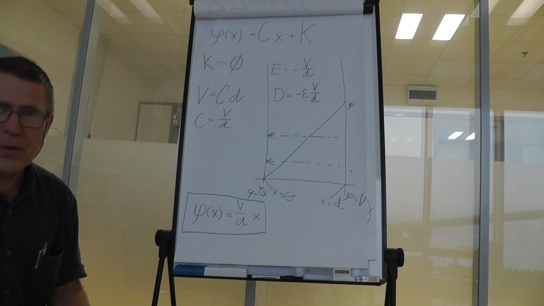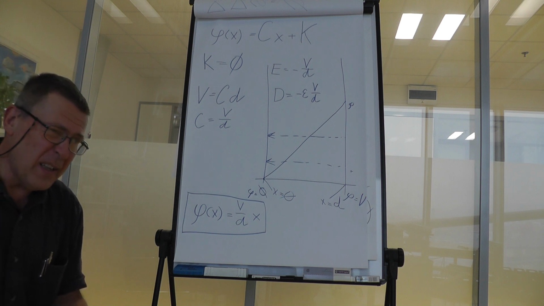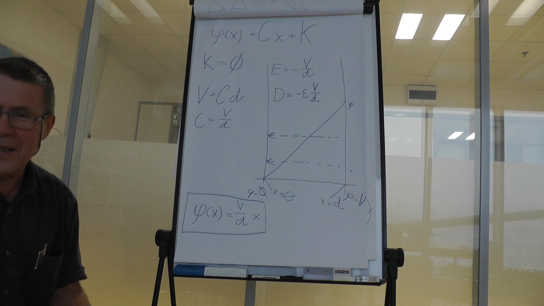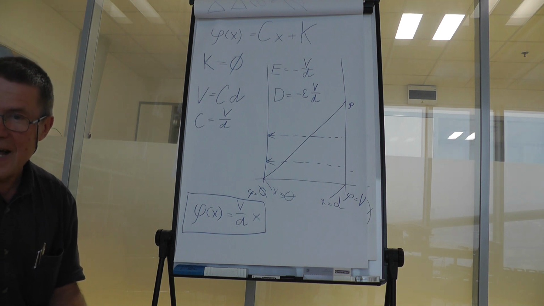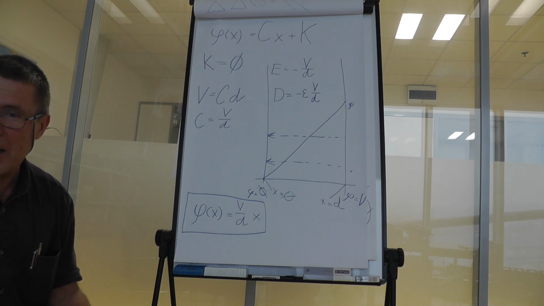So that solution should fit any possible solution, and the fitting is done by adjusting the constants to the case we are investigating. We use boundary conditions and we set up the constants so that the solution fits our partial case with our boundary conditions.